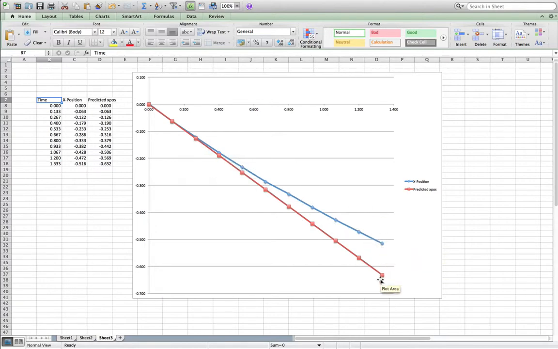There's a large, well, not large in the scheme of things because it's a very small number, but there's a big difference between the two points here. And the reason for this is friction. Newton's second law does not account for friction because there should be no friction, and the gravity asserted on the object should be negligible.